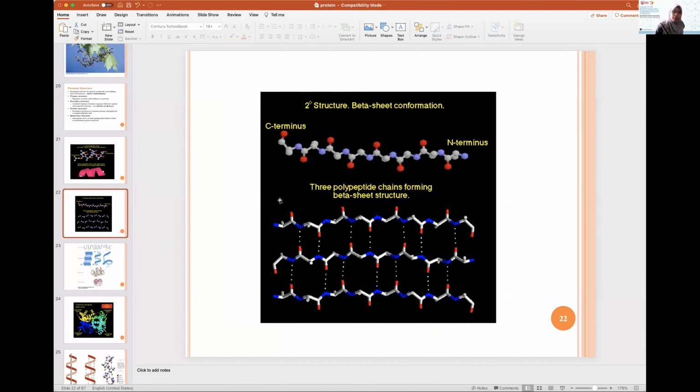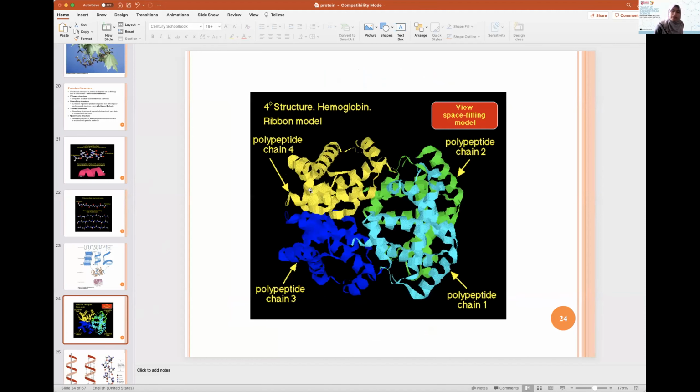Still, they are similar things, but this one is represented by wire. And then here we use ribbon style, cartoon and ribbon, so the protein structure is represented using ribbon style. For hemoglobin, we have 4 types of subunit here: polypeptide chain 1, 2, chain 3, and chain 4.